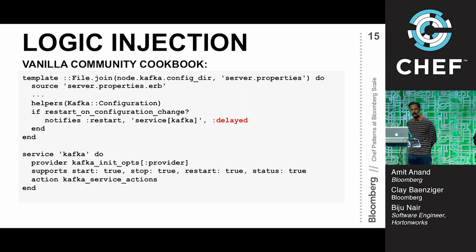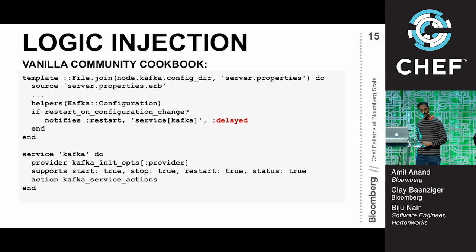Right now there is a condensed version of the community cookbook recipe where the installation happens, and there's a template resource which configures the required settings, and then a service resource to start and restart the service. This is standard across all community cookbooks. If I have to determine some logic before the service gets restarted, then I need to inject it between the template resource and the service resource. That is the key.